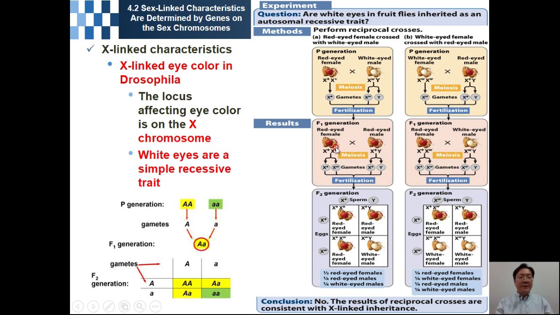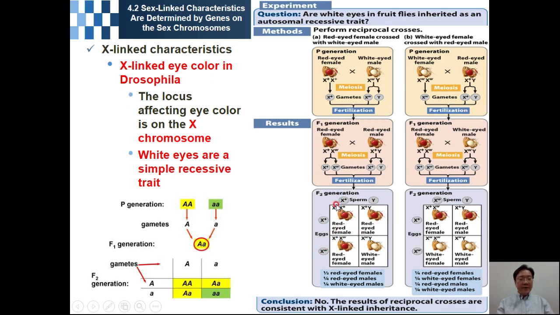After that, they did fertilization again, using the F1 generation male and female. The female makes X plus or XW gametes, and the red-eyed male makes X plus or Y. After fertilization, this is the Punnett square. The sperm is X plus or Y, and the egg is X plus or XW.